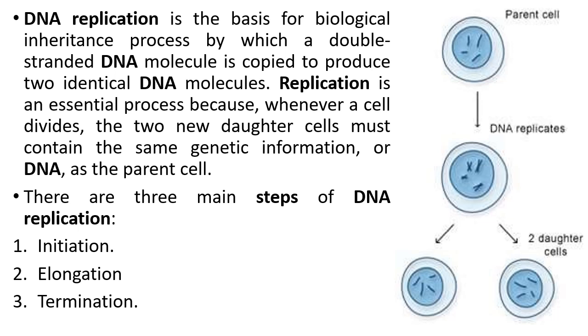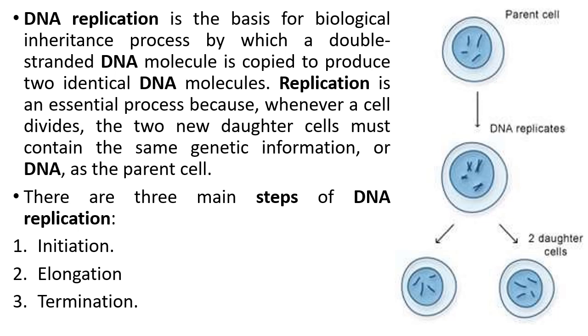Whenever a cell divides, the two new daughter cells must contain the same genetic material or DNA as the parent cells. So DNA replication is a process like a photocopier machine, in which you get the same print or copy as the original.